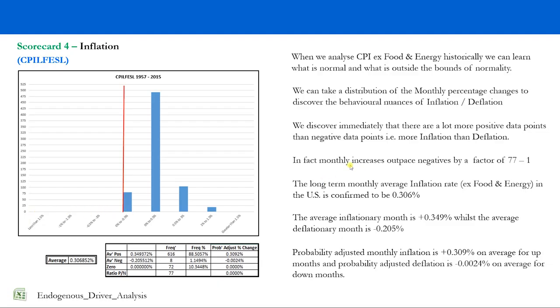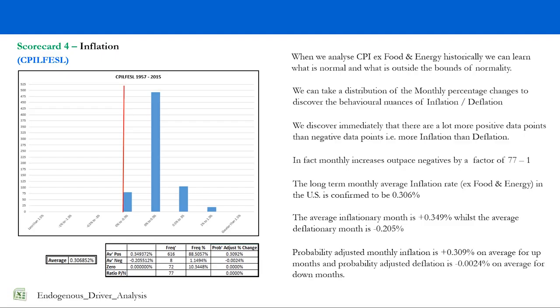And when you analyze the data, the monthly increases, so inflation, X food and energy, outpaces the negatives by a factor of 77 to 1, which is huge. It's a huge difference, even when compared to the CPI including food and energy, which was a factor of 7 to 1. So let's go further into the stats.